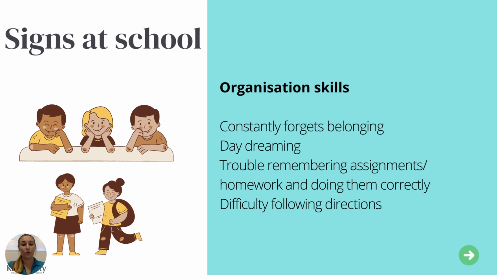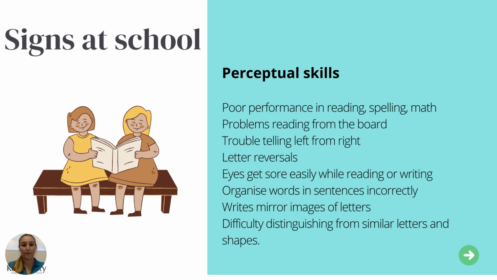And then in the organization skills category, the signs to look out for in children could be children constantly forgetting their belongings or daydreaming the whole day in class. They're not remembering their assignments or homework, and they're unable to do that independently, or children who have real difficulties to follow directions.